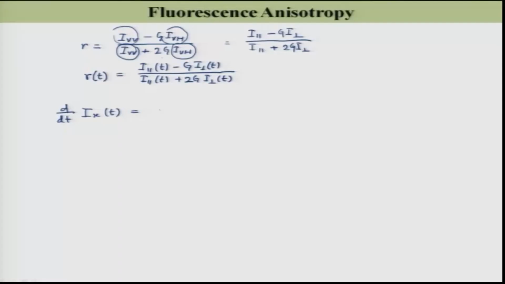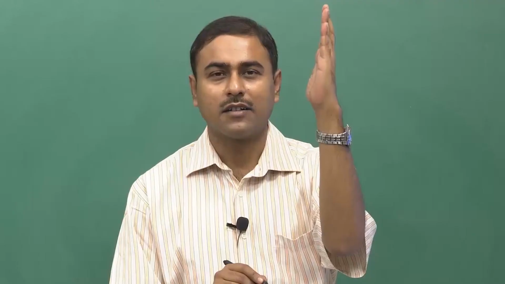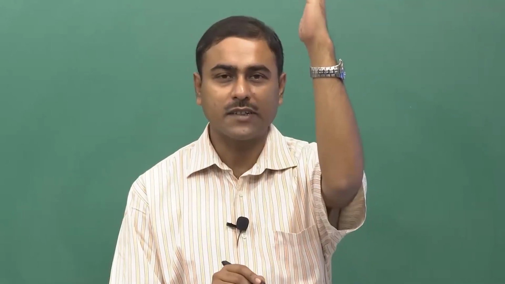So, I have this, what is that? Rate constant is Kr plus Knr, right. Kr plus Knr is 1 over tau. So, I can have this minus 1 over tau f, and what other things are there? See here, I have excited over here and it can come back from the excited state to the ground state.